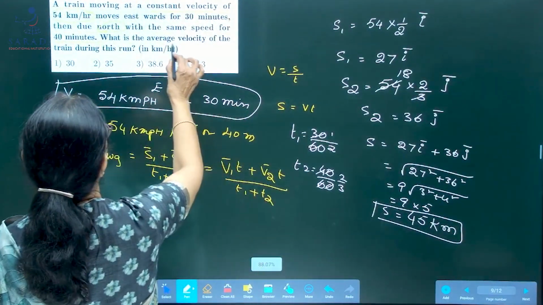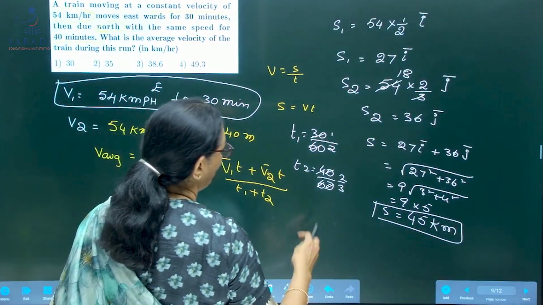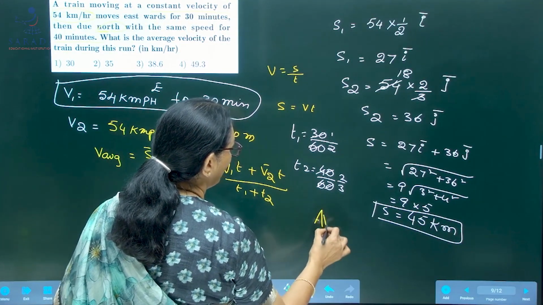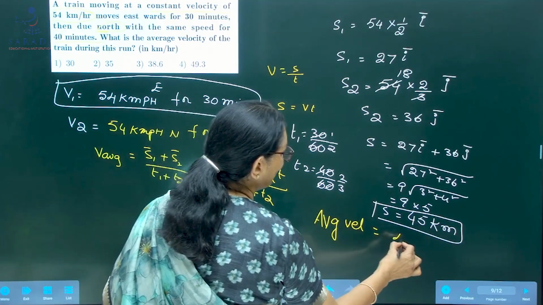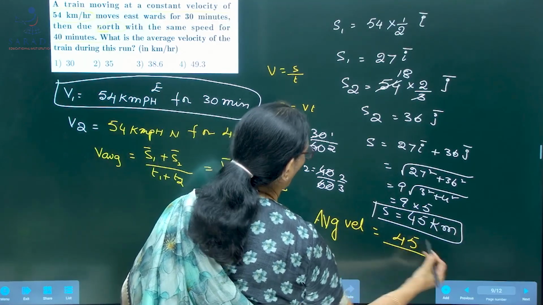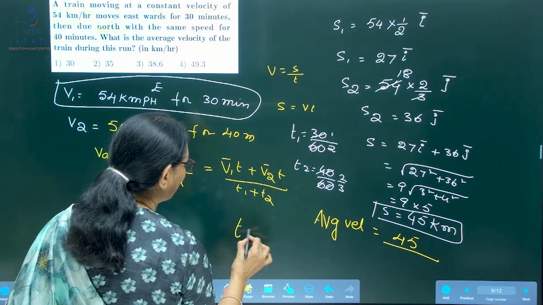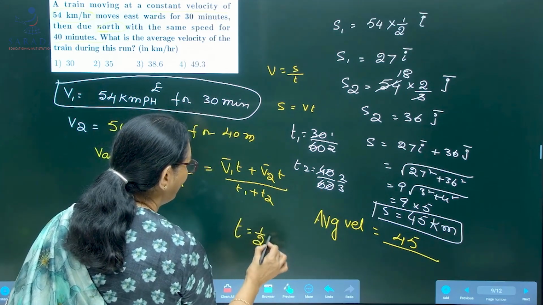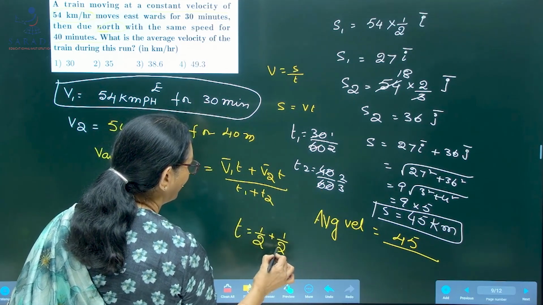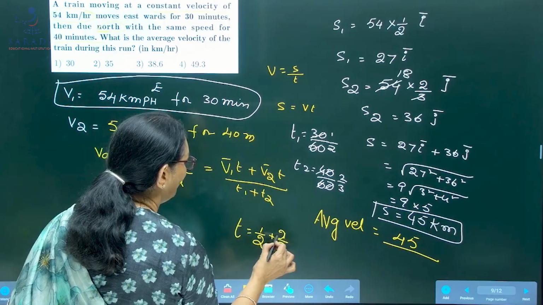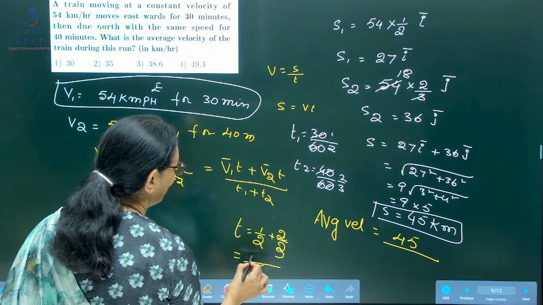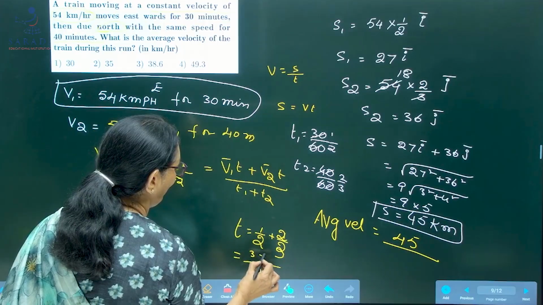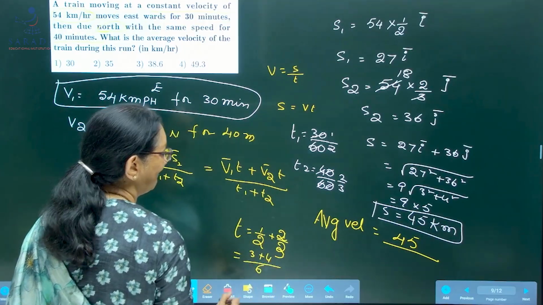But you are asked to find average velocity. So average velocity is equal to total displacement by total time. Total time is T1 plus T2, that is 1 by 2 plus 2 by 3. LCM is 6, it is 3 plus 4, it is 7 by 6.